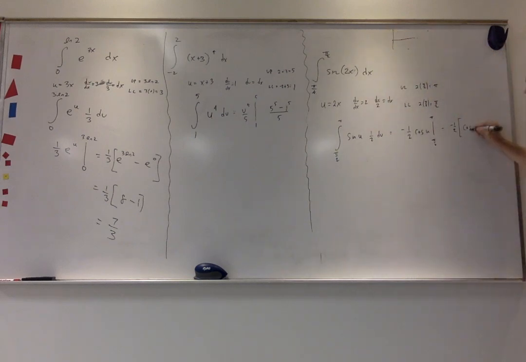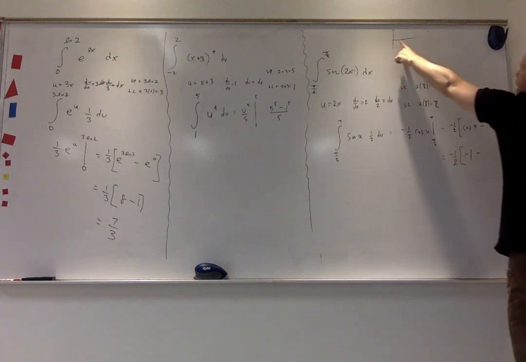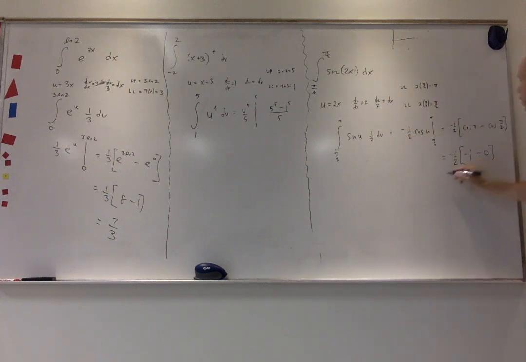So it's the cosine of pi minus the cosine of pi over 2. The cosine of 180 is negative 1, and the cosine of 90 is 0. And so the final answer is 1/2.